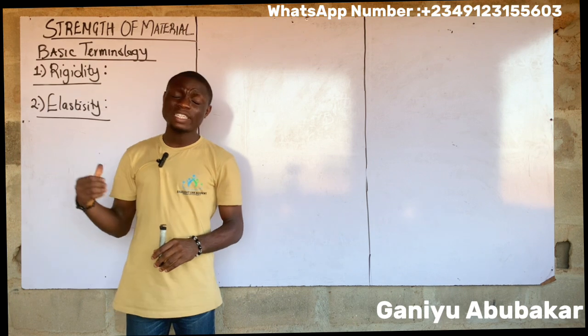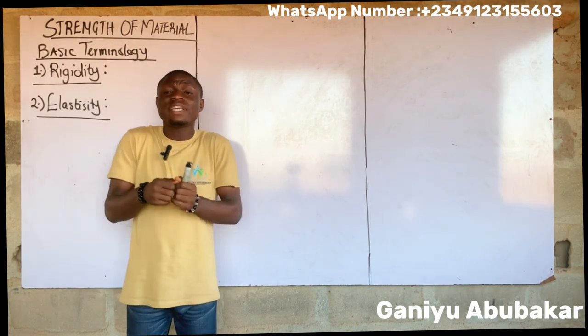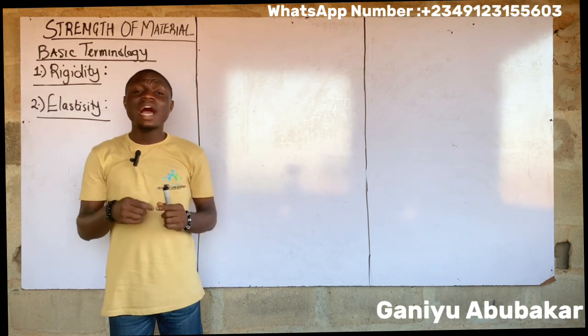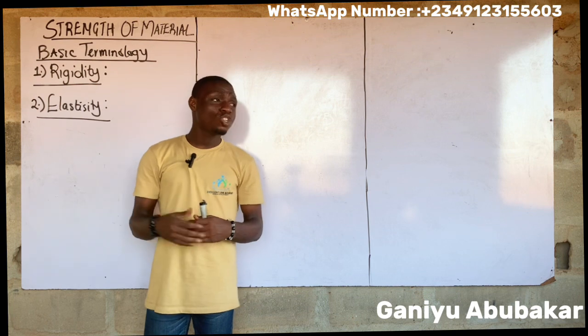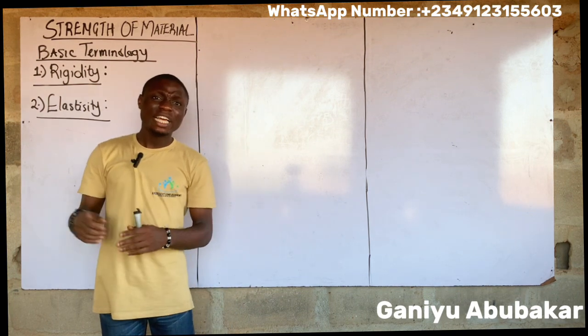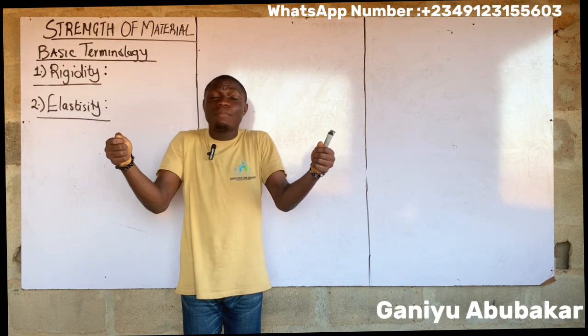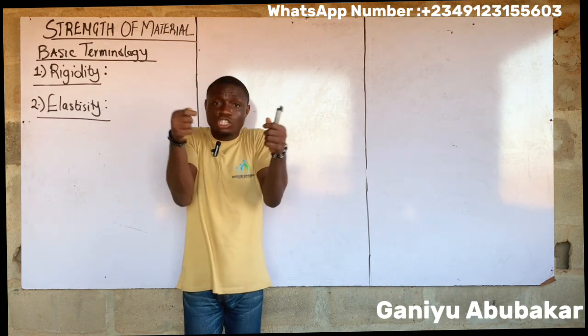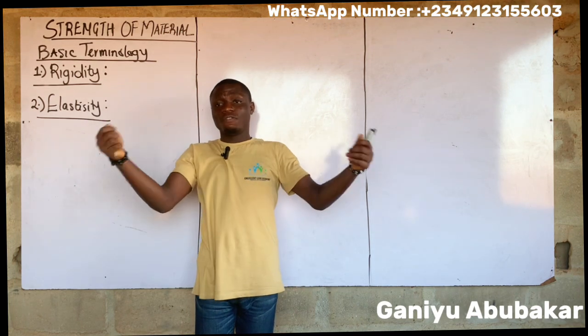So, I understand the definition of elasticity. What does it mean? The ability of a body to regain its original shape and size after it has been distorted by an external force. For a body to be in an elastic state, after expanding that body we expect it to go back to its original shape and size after it has been distorted by that force, right?